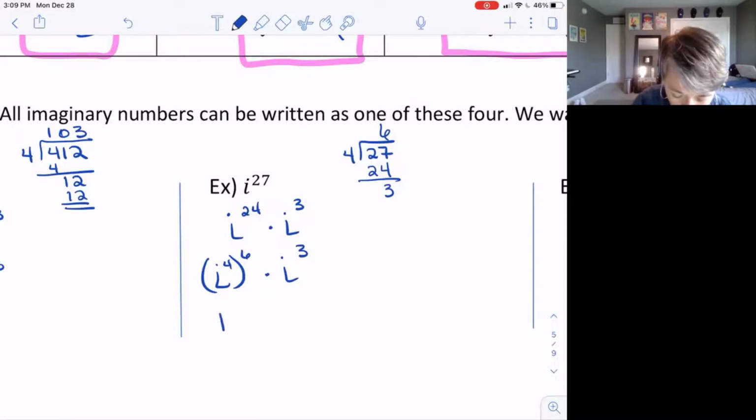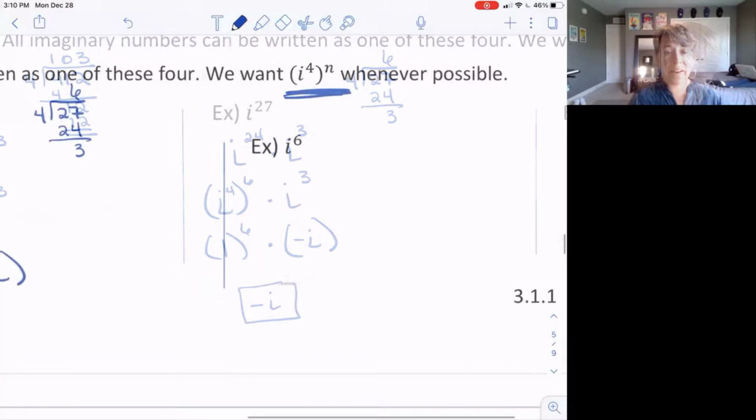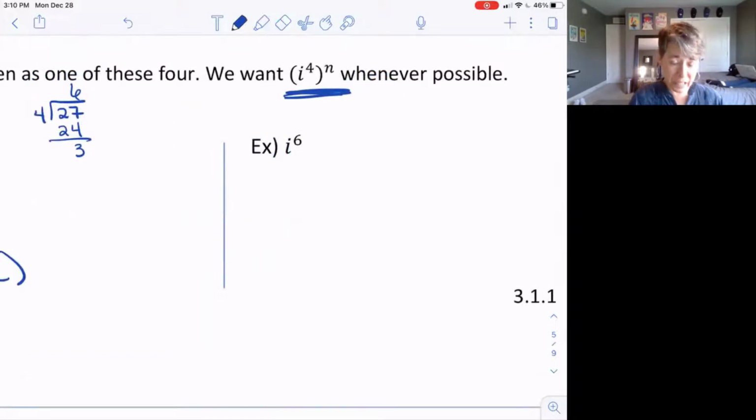So that is 1 to the 6th power times, and remember i cubed is negative i, so that just gives us negative i.